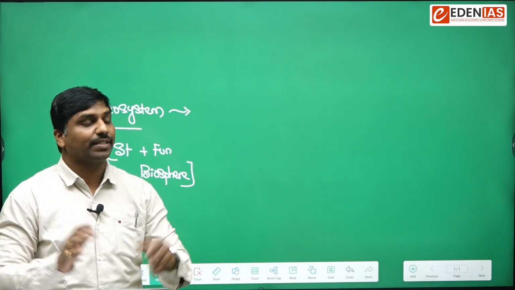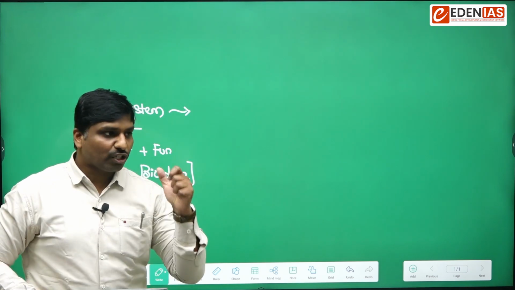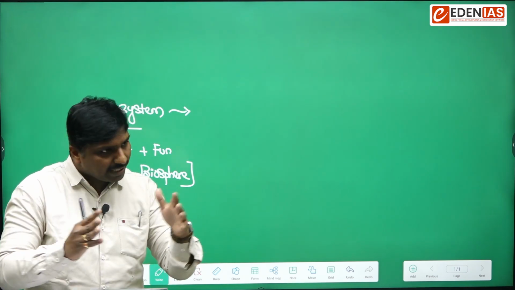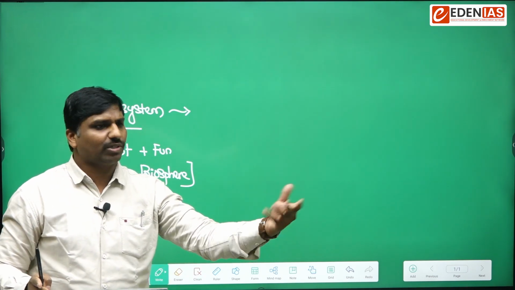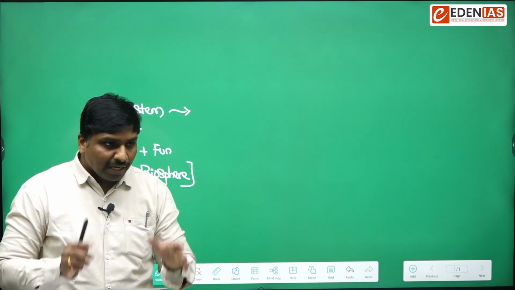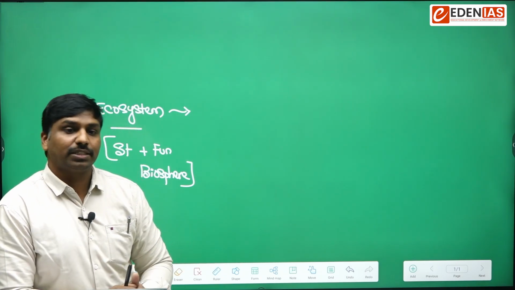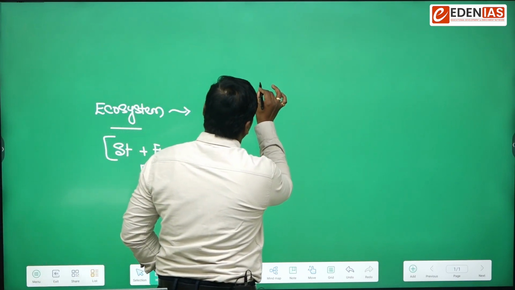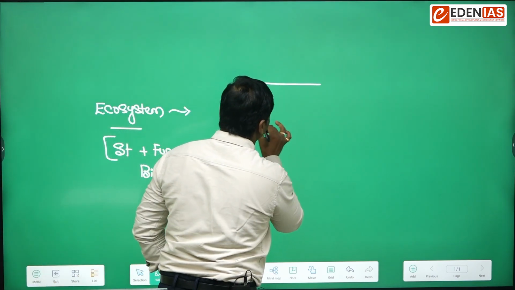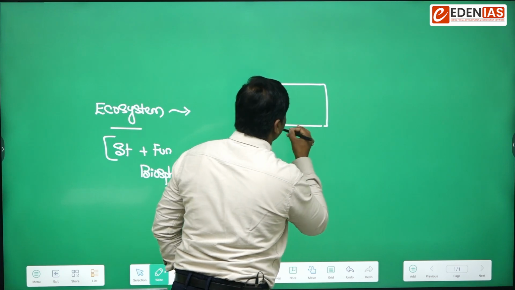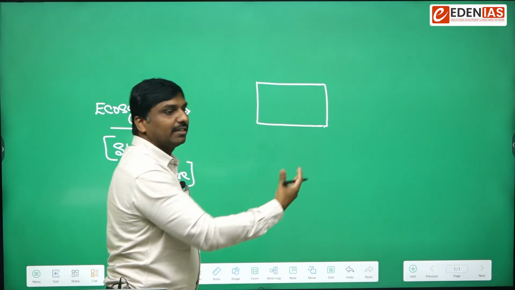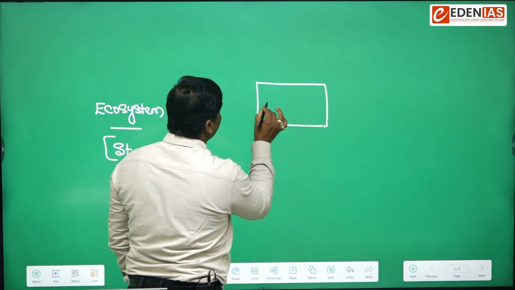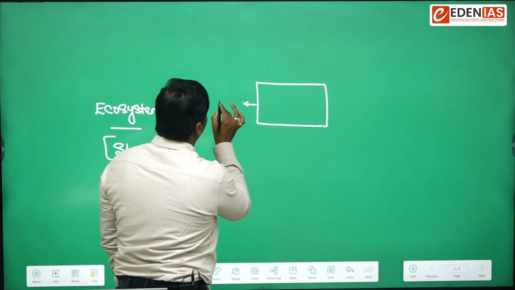So likewise, there can be different types of ecosystems, like the examples we were talking about. Now, let us assume this patch of land is a grassland.